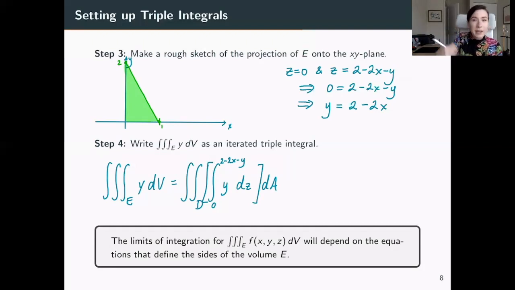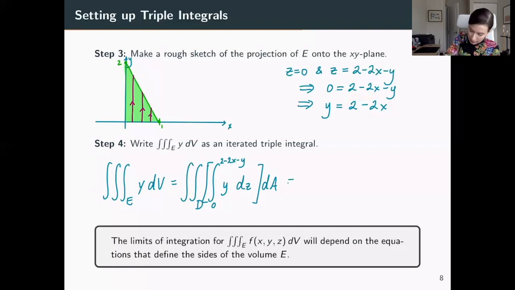And we can set it up in the exact same way. We can recognize that our y values are going to be varying between 0 and whatever this curve is. And thankfully, we have that this curve is given by 2 minus 2x.